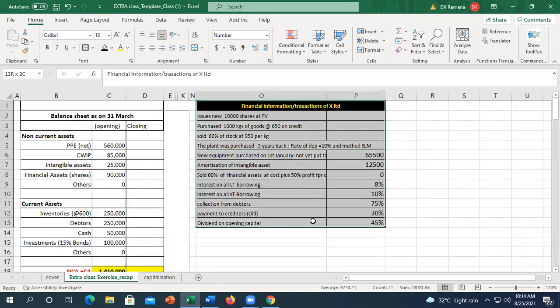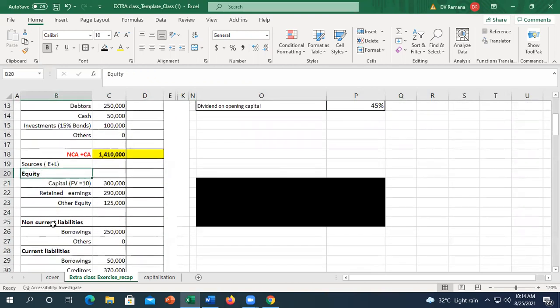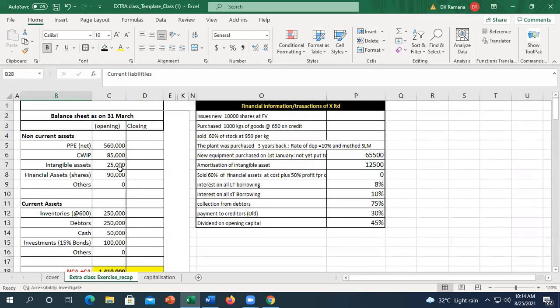So these are the transactions given here for a period, let us say 1 year. There's an opening balance sheet of non-current assets, current assets, and supported by equity, non-current liabilities, and current liabilities. In order to convert these business decisions into financial statements, it is not enough to just prepare the balance sheet.